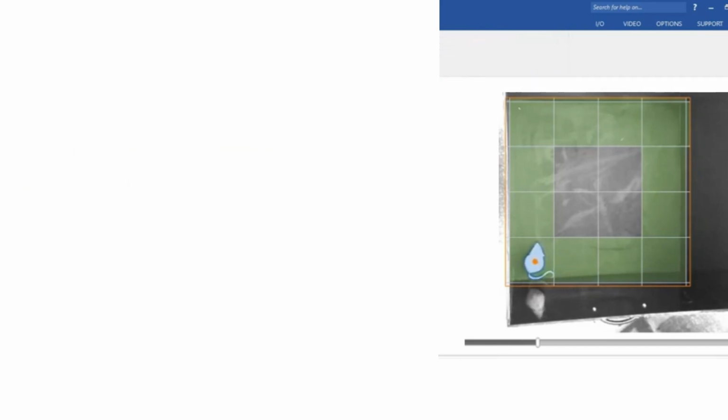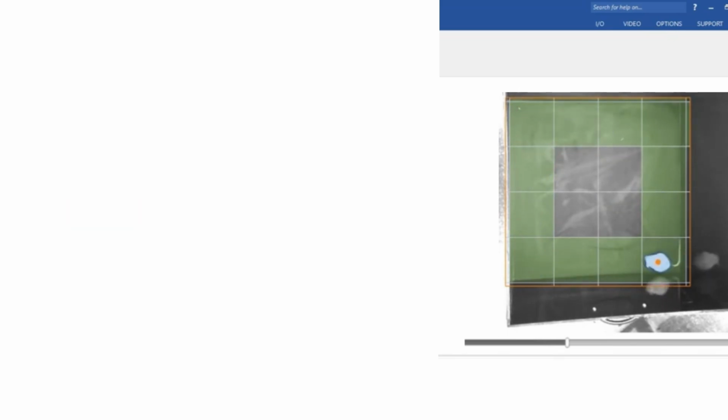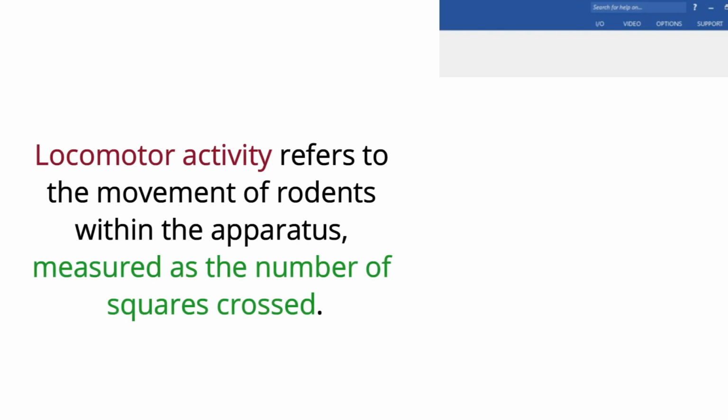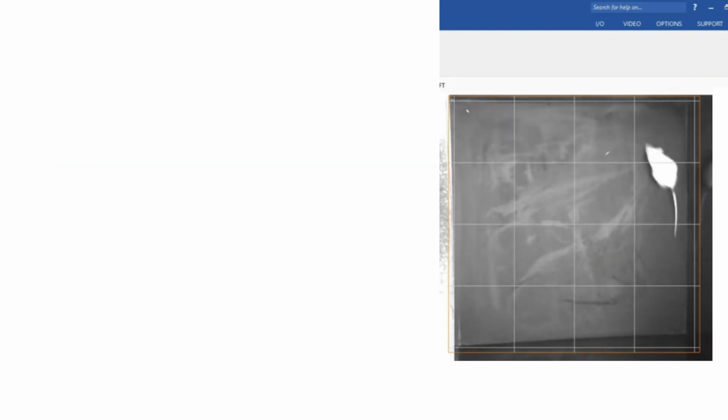Always in rodents. So next is locomotor and exploratory behavior in rodents. Locomotor activity refers to movement of rodents within the apparatus, measured as the number of squares crossed. It means if an animal has good locomotor activity, it will cross more squares.